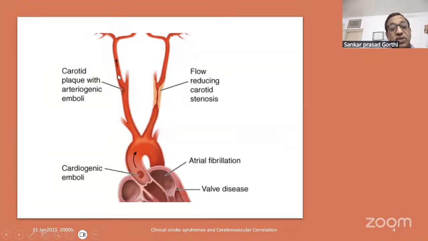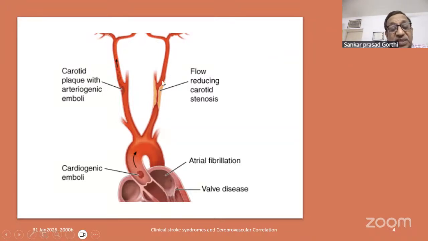These plaques gather some amount of thrombus because of the rough area. This thrombus, which slowly accumulates, is very fragile. It can get dislodged and go distally into the small blood vessels, or it can reduce the blood flow, decreasing the oxygen and glucose supply to the brain.